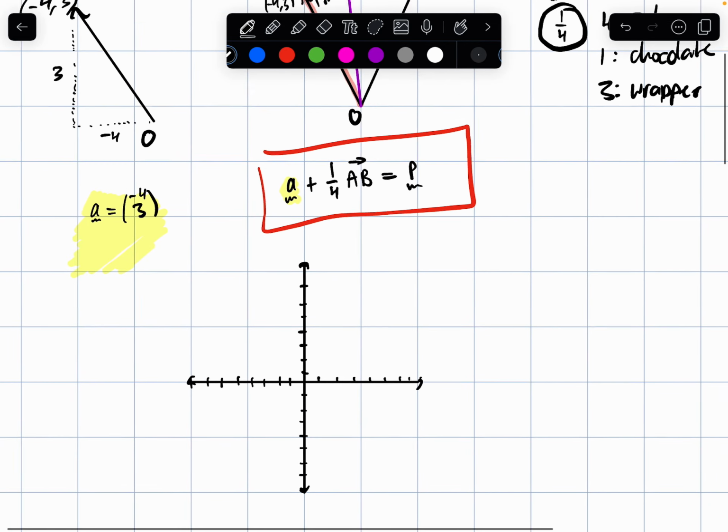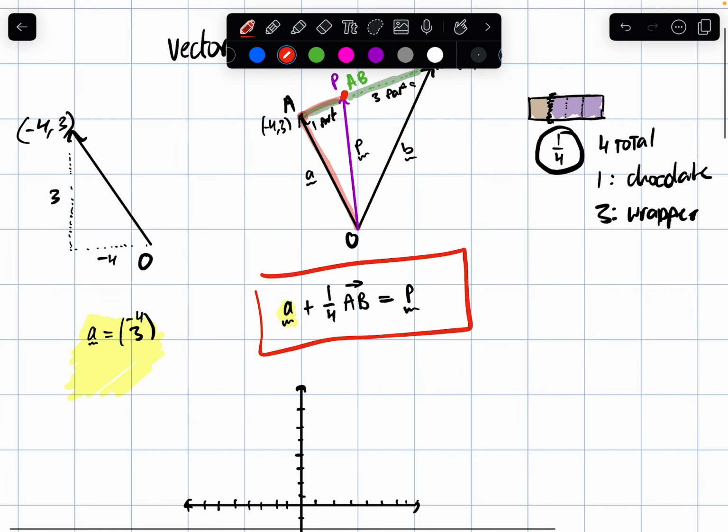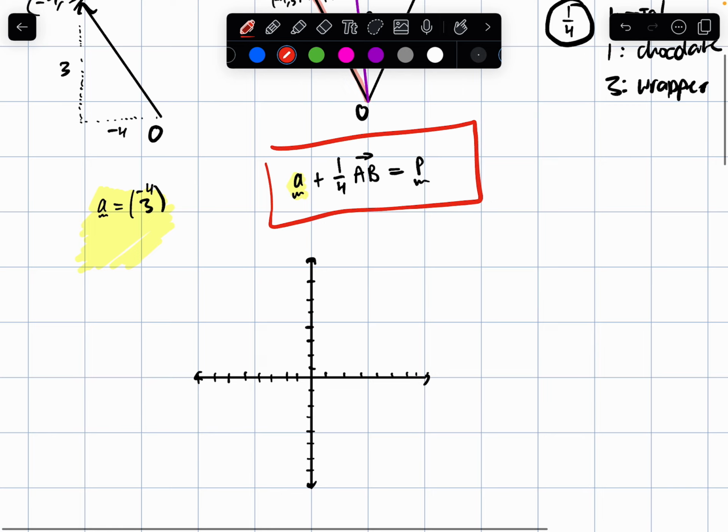Okay, and on this graph, we've got our point A, which is at -4, 3, so up 3, and then across by 4 in the negative direction, so we end up here.